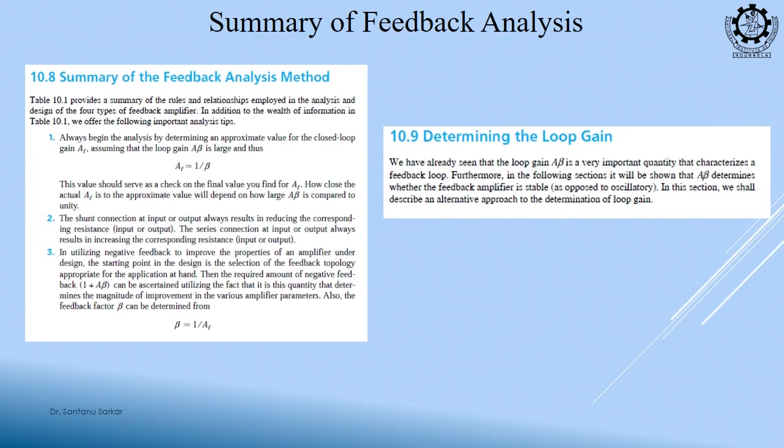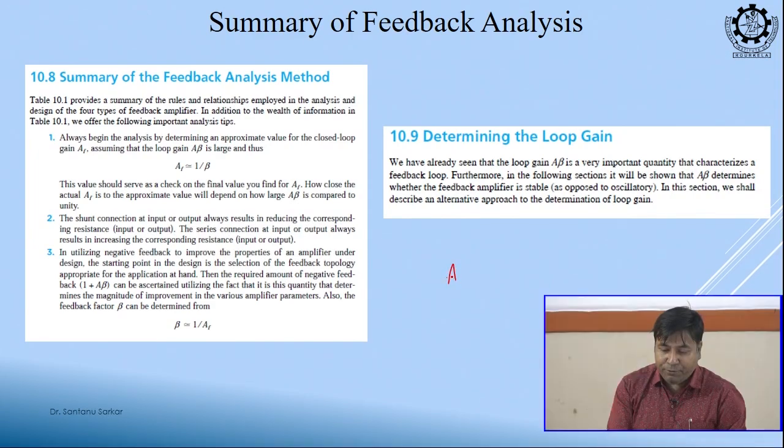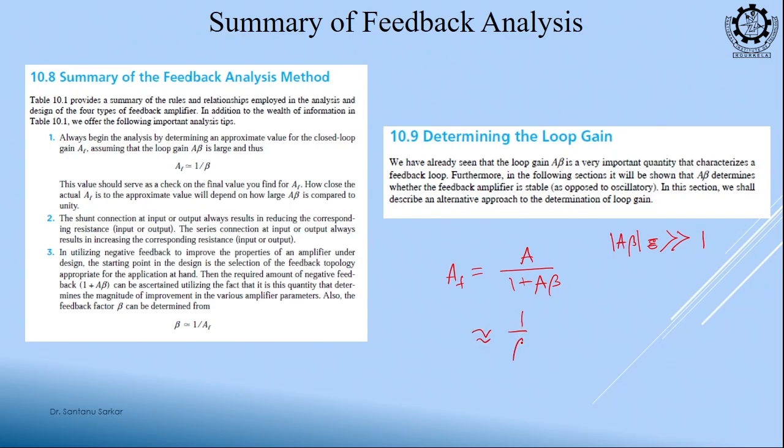So, roughly what we can see is that if we use feedback, this is my response, and if we consider that our loop gain is very large, this we can replace with this. Okay. So, this is the main concept of all the feedback amplifiers.